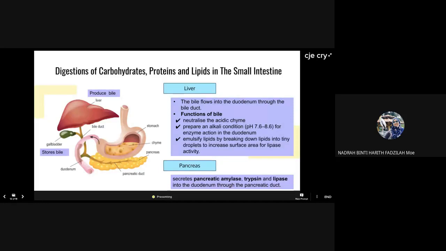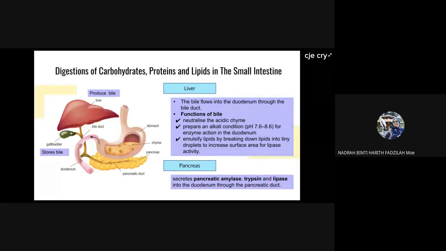Many of the substances in the small intestine that are involved in digestion are not made by the duodenum itself, tetapi the substances are made by the liver and also the pancreas. The liver produces bile and it is stored in the gallbladder.